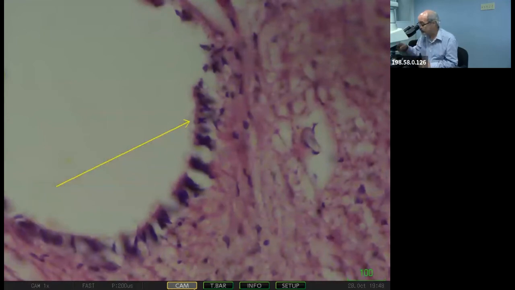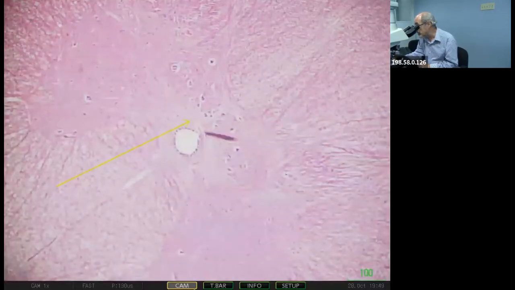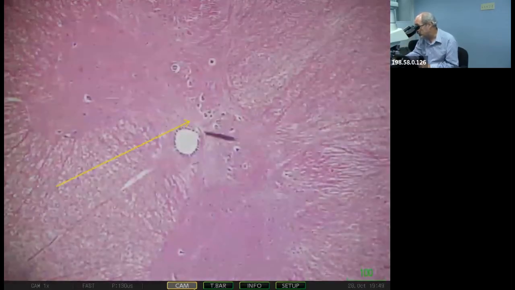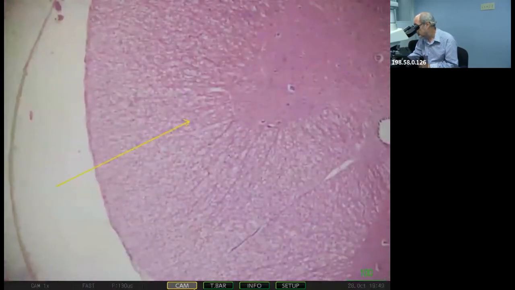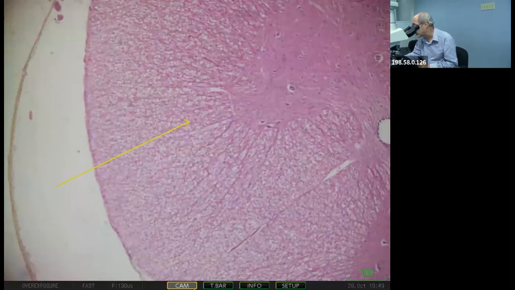But try to remember that usually we put a piece of, let's say, spinal cord, and try to show you where it is by showing you a little area of your central canal.